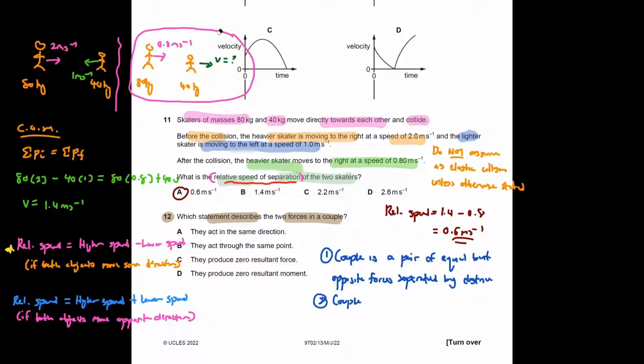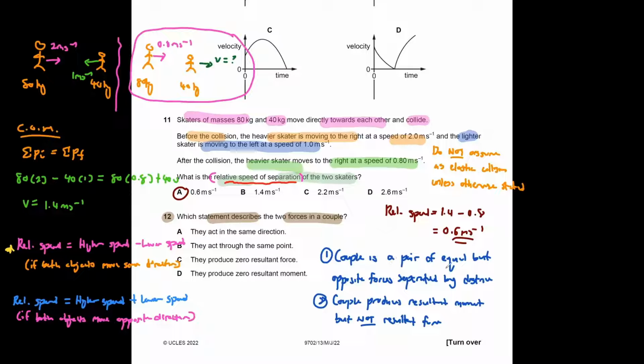It's better to write it like that: couple produces resultant moment but not resultant force. It's because it's something like this.